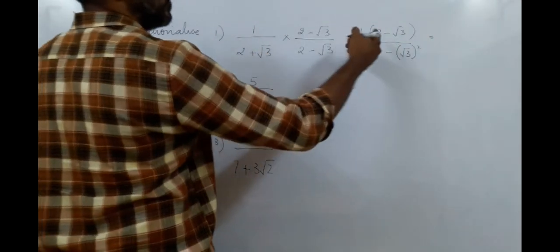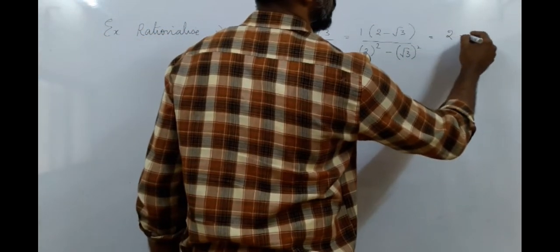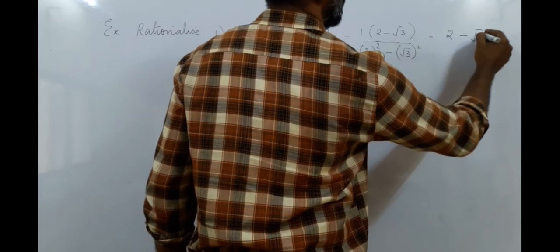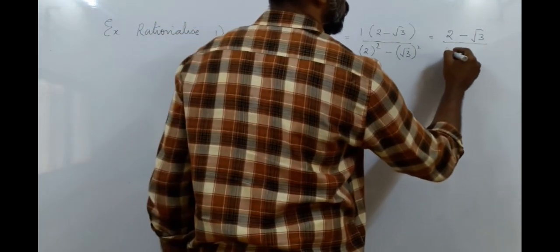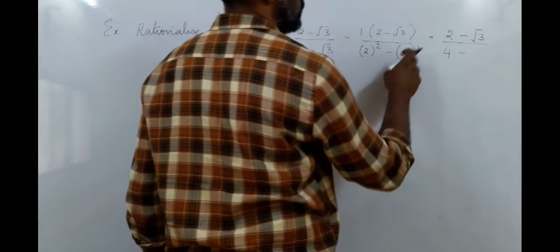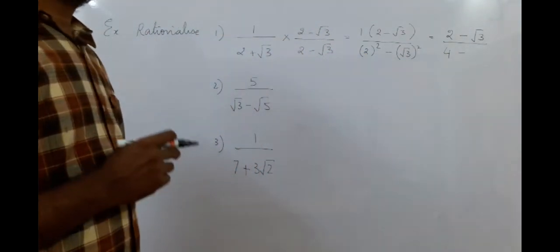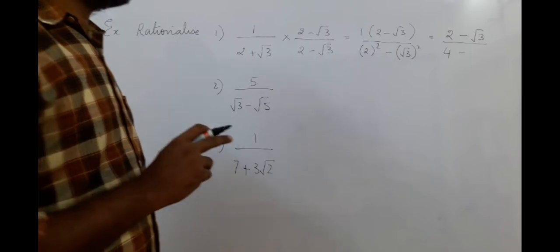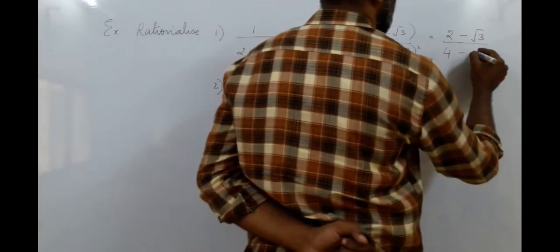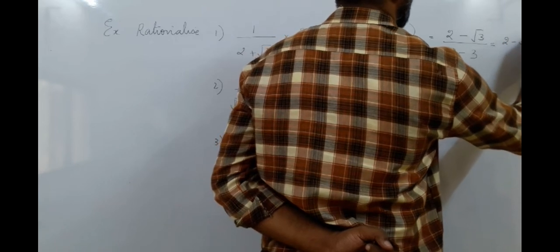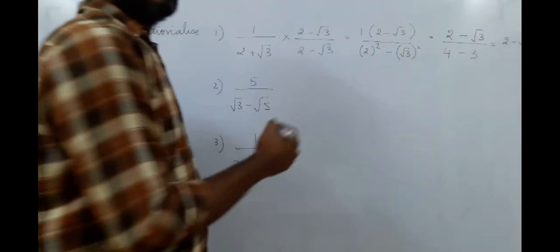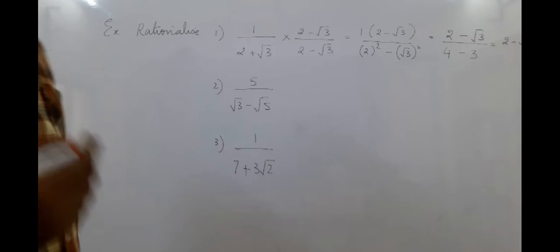Now when you open the bracket, 1 2s are 2, 1 into root 3 upon. What is 2 square? 2 square is 4, minus root 3 square. Root 3 into root 3 is root 9, and the square root of 9 is 3. What is 4 minus 3? 1. So if you do not write 1 in the denominator, it is quite okay. Okay? Followed?